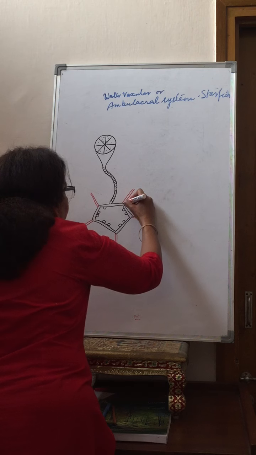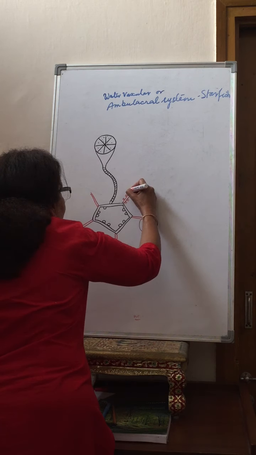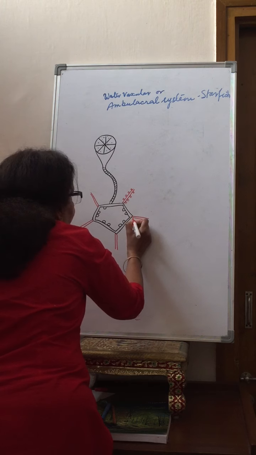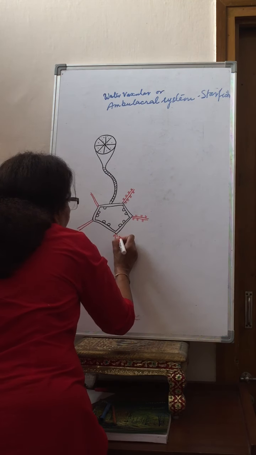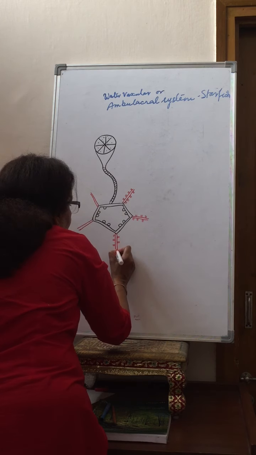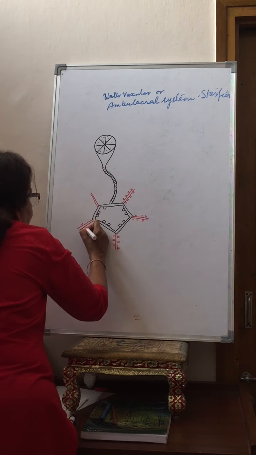The radial ambulacral vessels lead to lateral vessels or podial vessels. These vessels pierce through the ambulacral ossicles, the ambulacral plates.